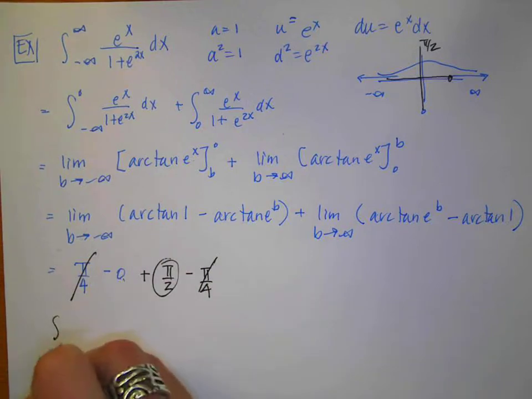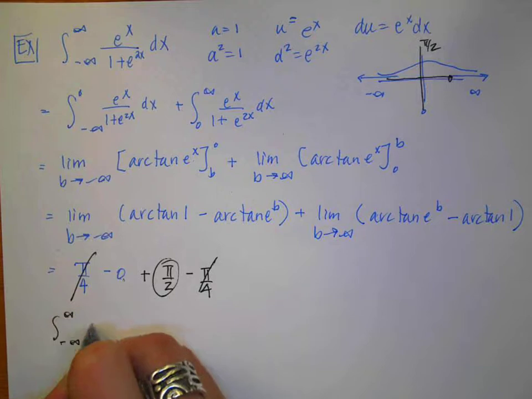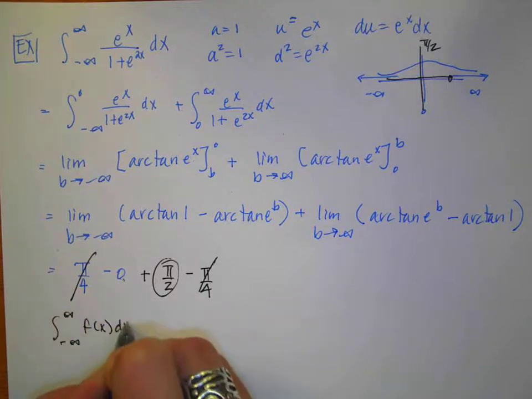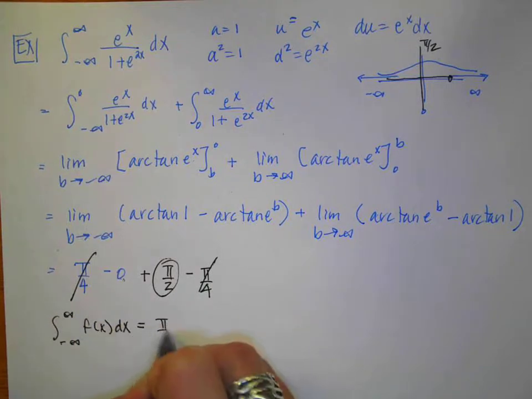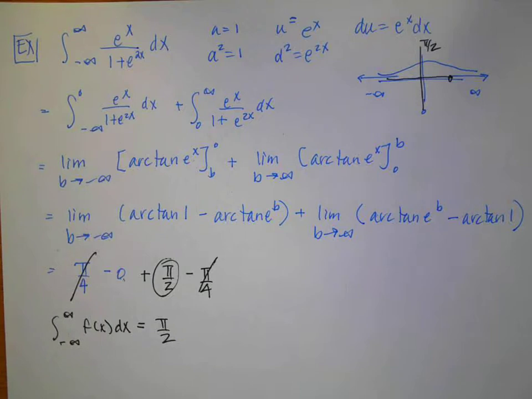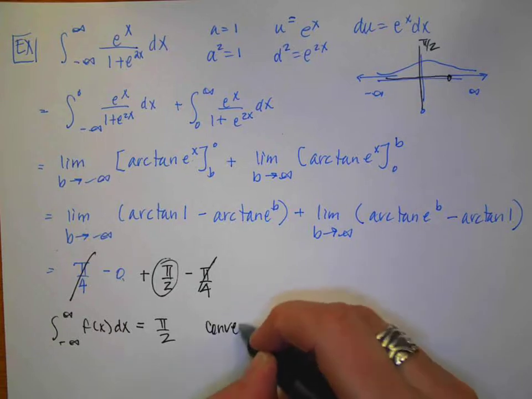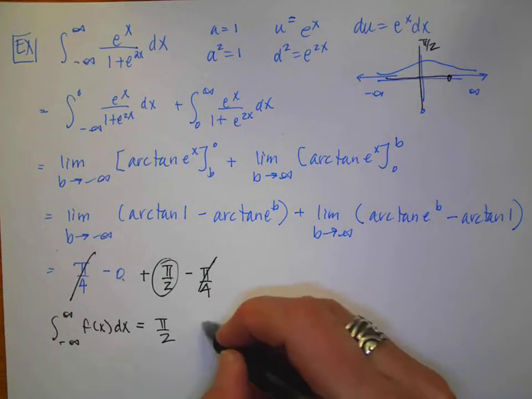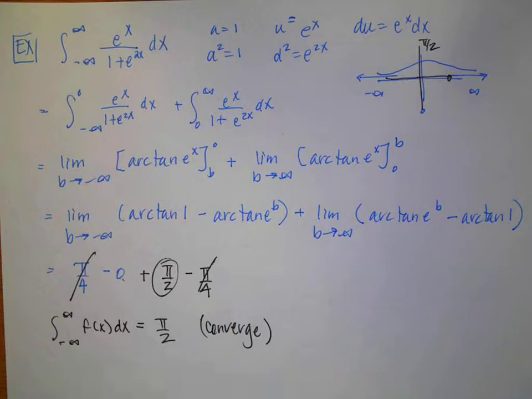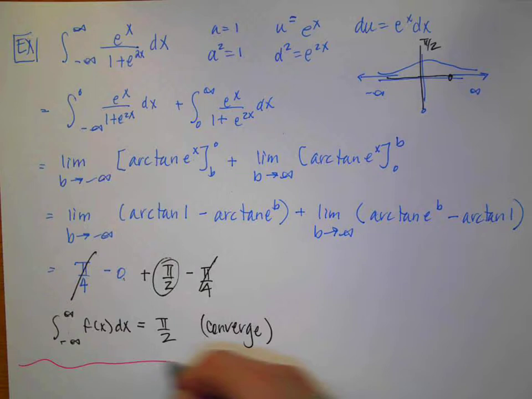These guys cancel. There's my answer. So the integral from negative infinity to infinity of f of x dx is equal to pi over 2. And again, we would say that the area under the curve converges, meaning it approaches the value of pi over 2.